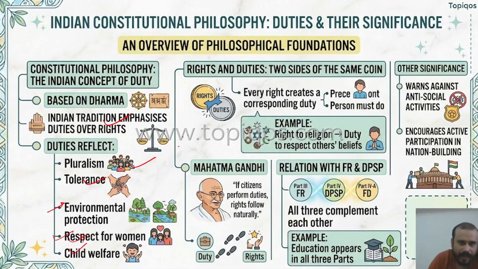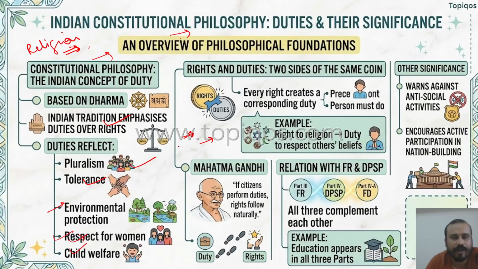Tolerance means if you're enjoying rights, you have to let others also enjoy these rights. If you have the right to practice a religion, you also have the duty to let others practice their religion. It means you are showing pluralism.